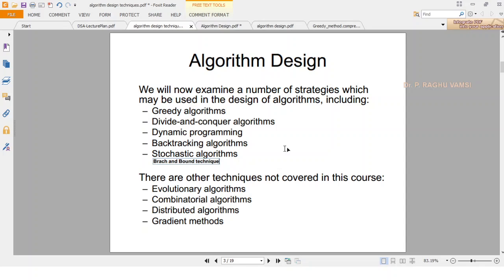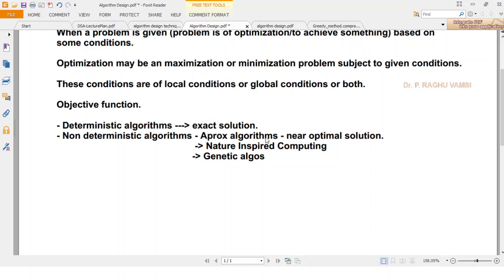There are other techniques not covered in this course, such as evolutionary algorithms, combinatorial algorithms, distributed algorithms, gradient methods. Here I have told you approximation algorithms, which are used to solve the non-deterministic algorithms.